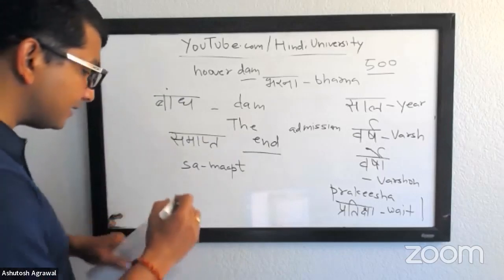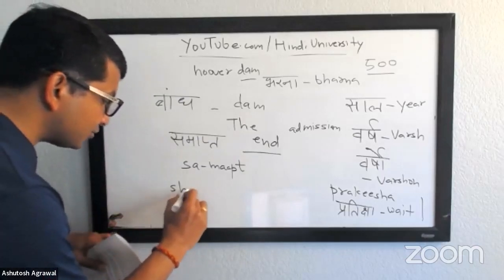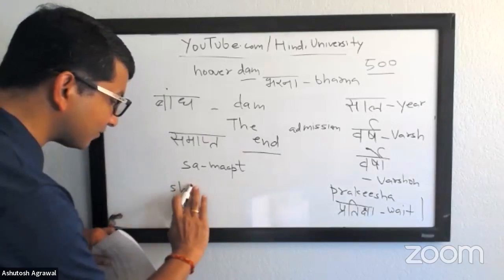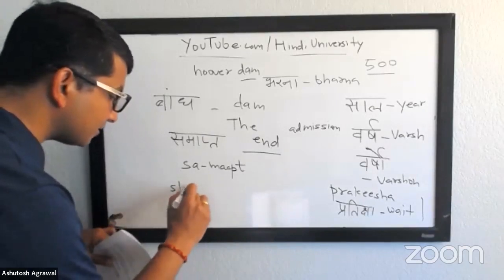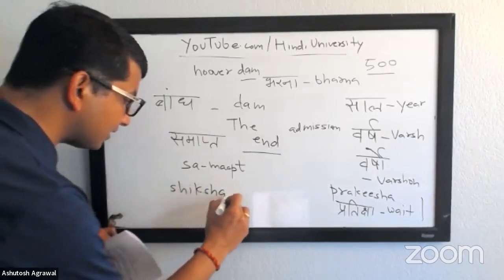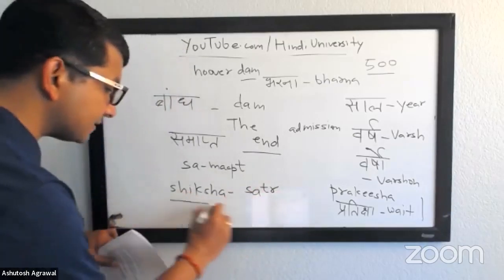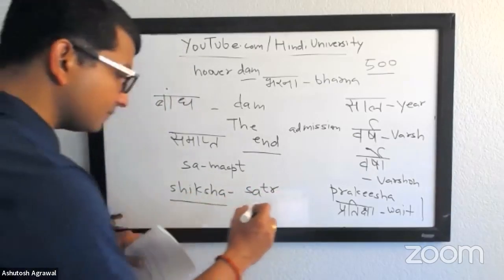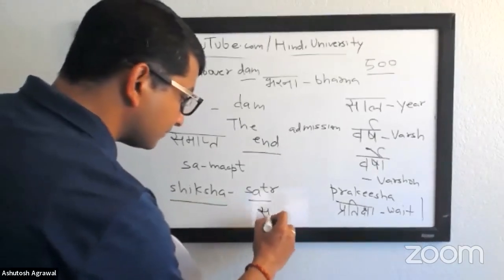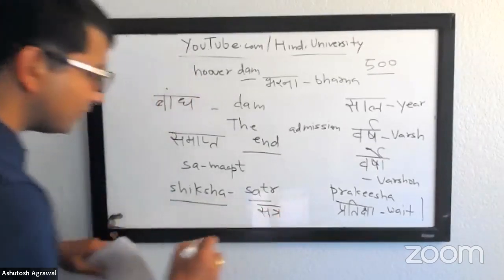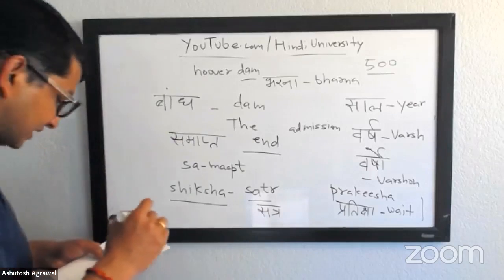So the word here is shiksha. I'm going to write it down like this. Shiksha satra. Shiksha is education. Shikshak is teacher, it's the same origin basically.